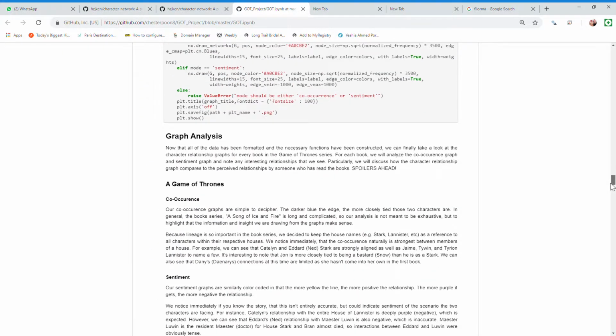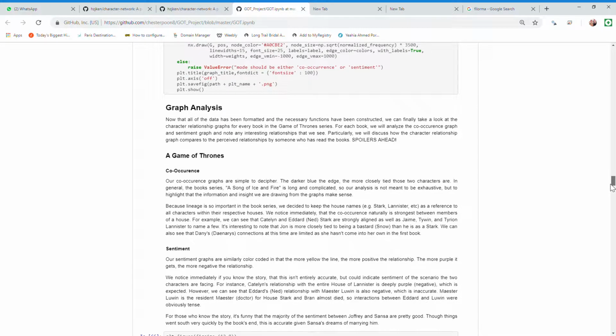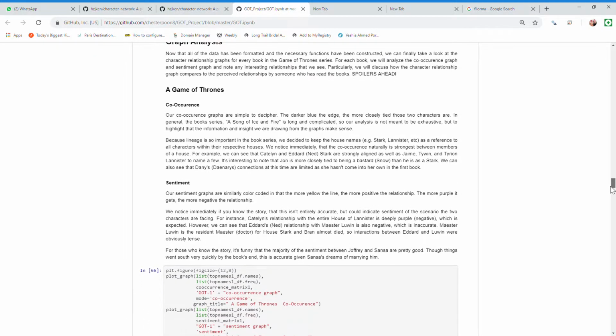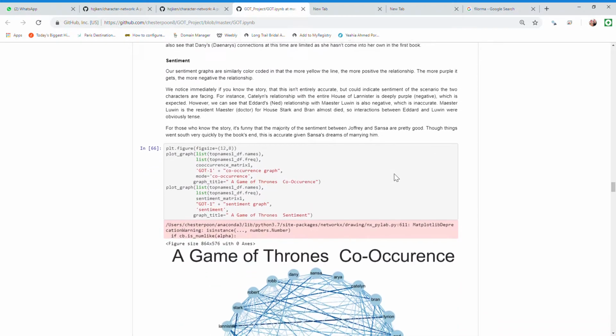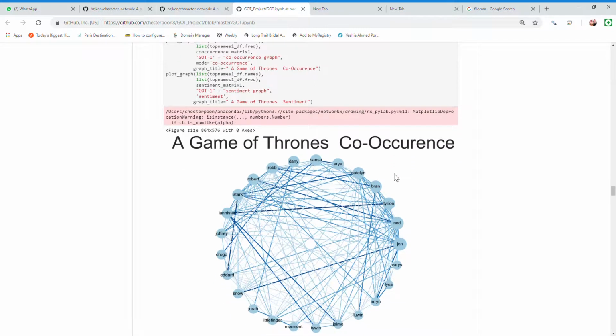And this is, I guess, where the fun comes in. What you can tell is that these are the relationships, the co-occurrence from our co-occurrence matrix, just plotted. Any dark lines are characters that are associated with each other a significant amount more times.